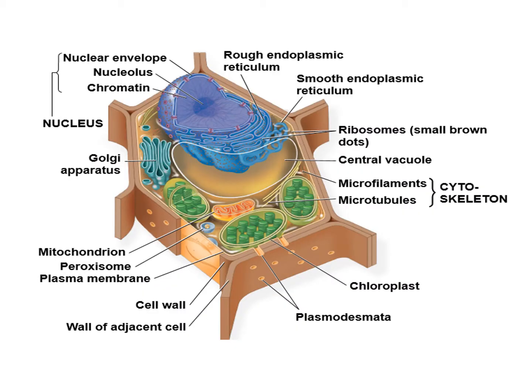This is a little bit closer look at a plant cell. The earlier graphic showed a comparison of animal versus plant cells. Similar in a lot of ways, but if you look closely, you can see that the plant cell has a few things that the animal cell did not, which include the chloroplast, which we know contains the chlorophyll and is a site for photosynthesis.